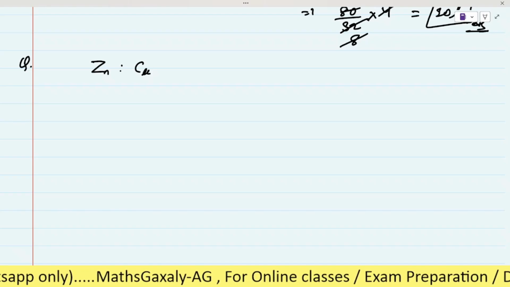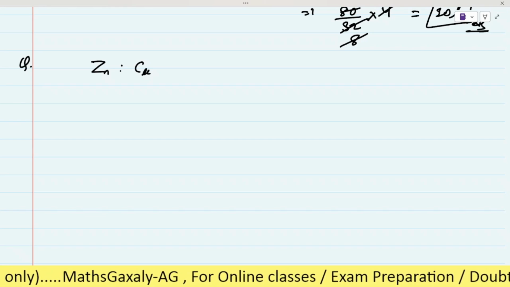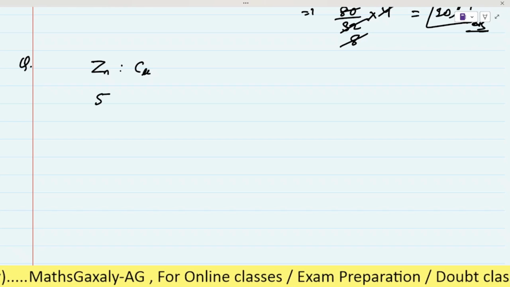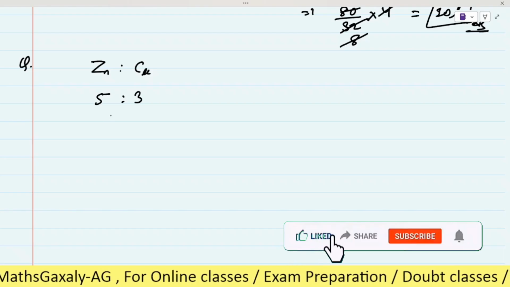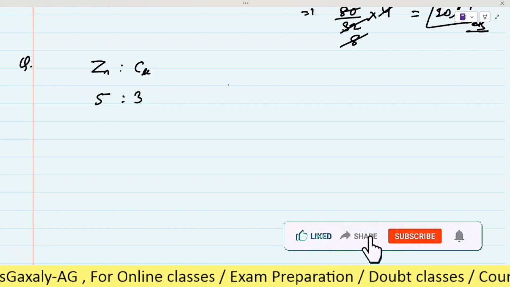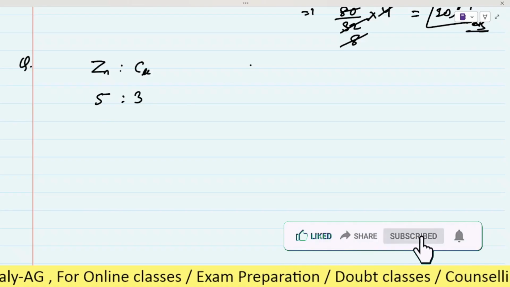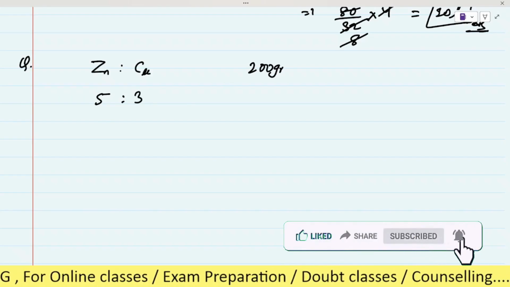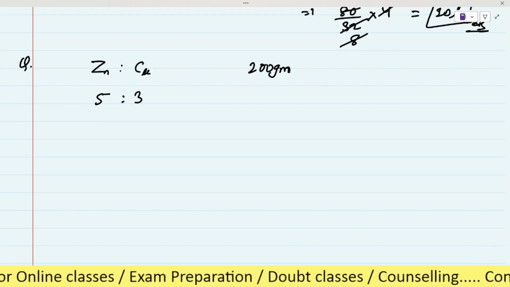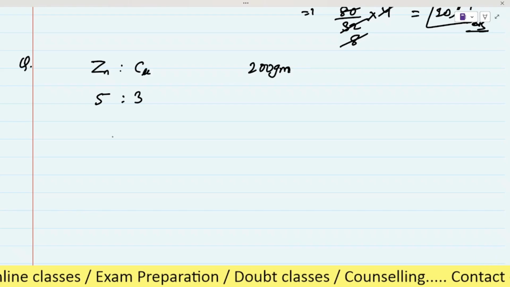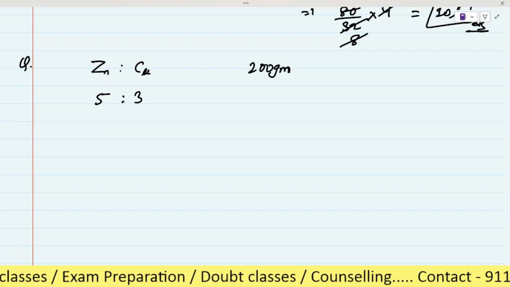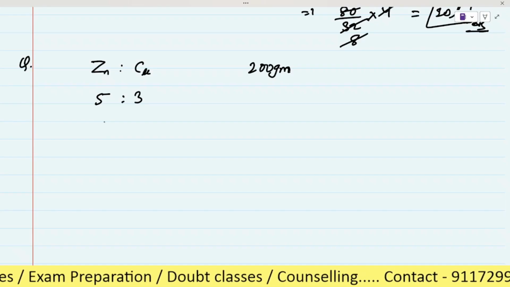Otherwise, you can directly write Zinc or Cu, for your help. So it will be 5 is to 3, right? In that 200 gram of an alloy, it means initially the quantity of the alloy is 200 gram. How many grams of copper must be added to make the ratio 3 is to 5?